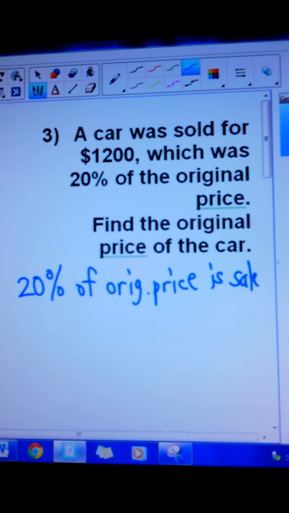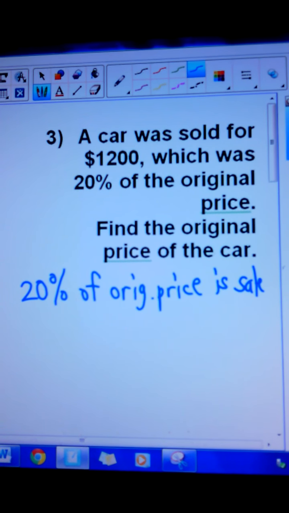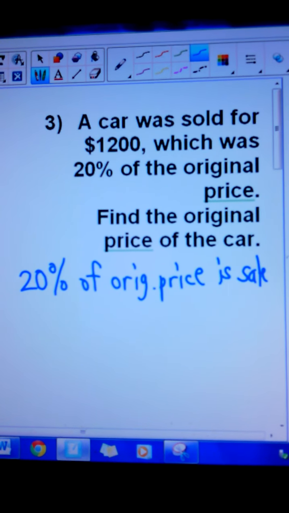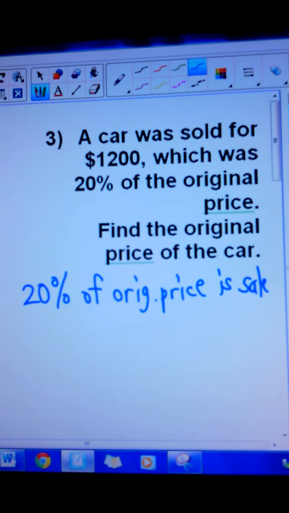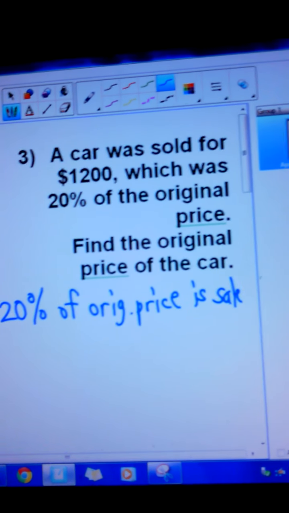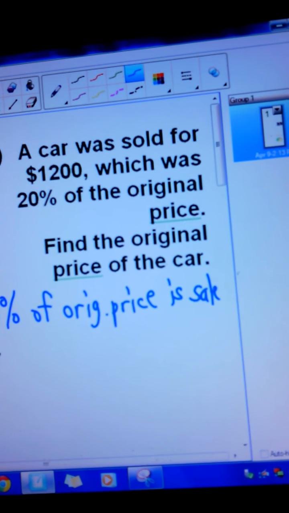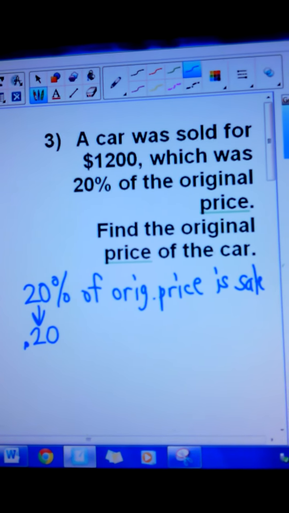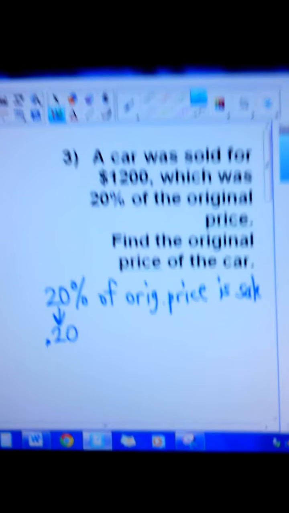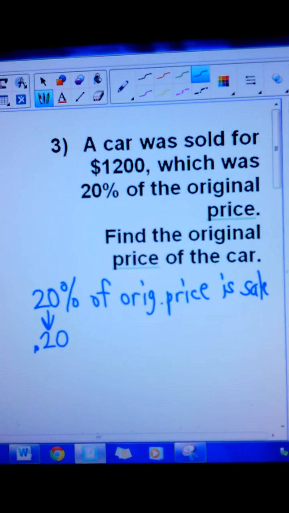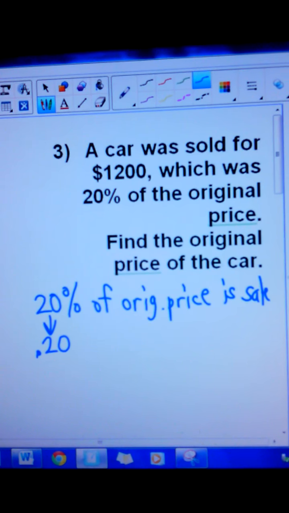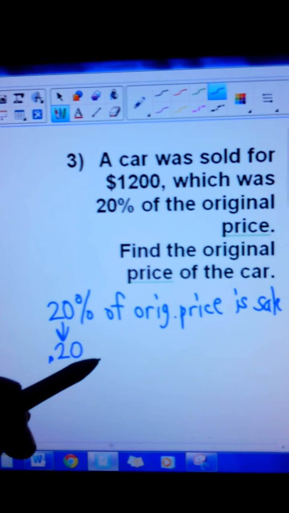Now, let's use our keywords and translate this. But before we do, we need to convert 20% into 0.2 or 0.20. All right, of means your multiplication symbol.